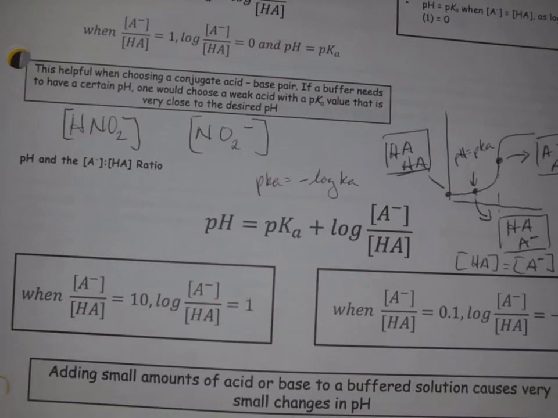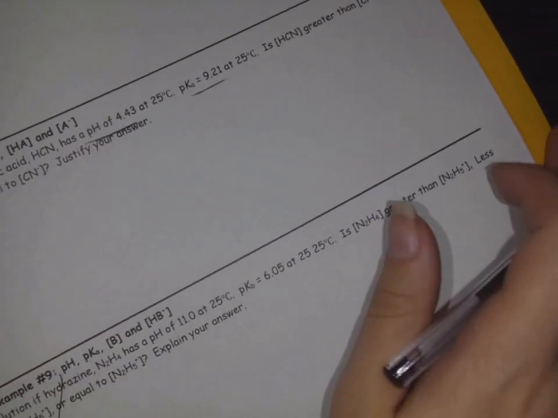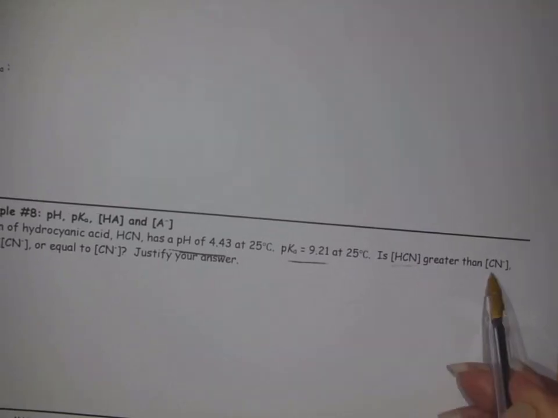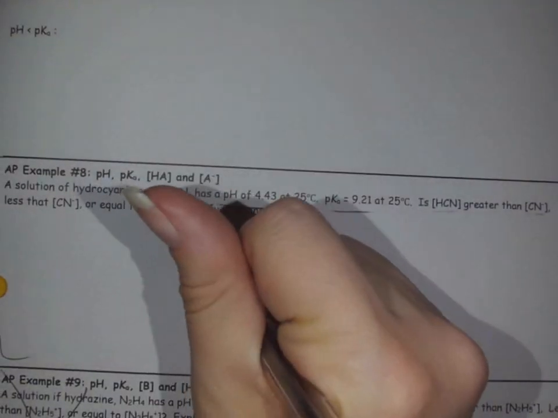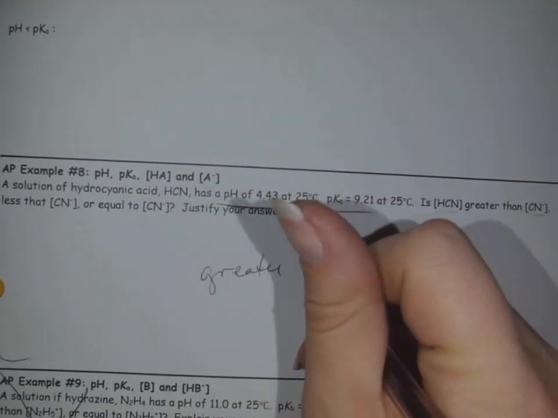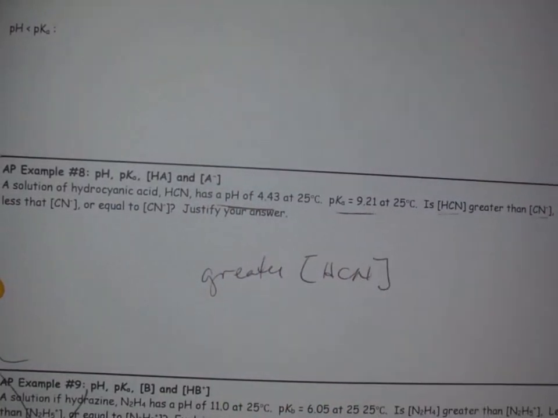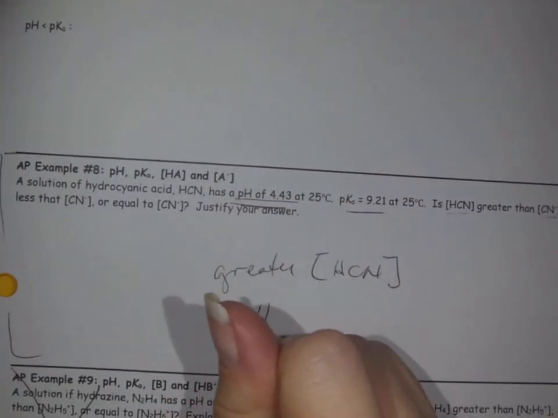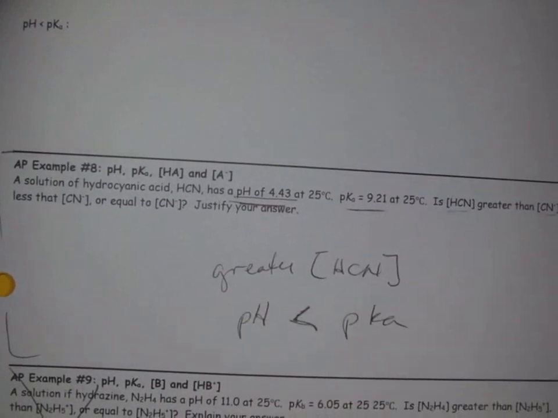And so when we're comparing that on that last question, what would be in greater concentration? Would it be the acid or would it be the conjugate base? It would be the acid. We'd have a greater concentration of HCN when our pH value is less than our pKa value.